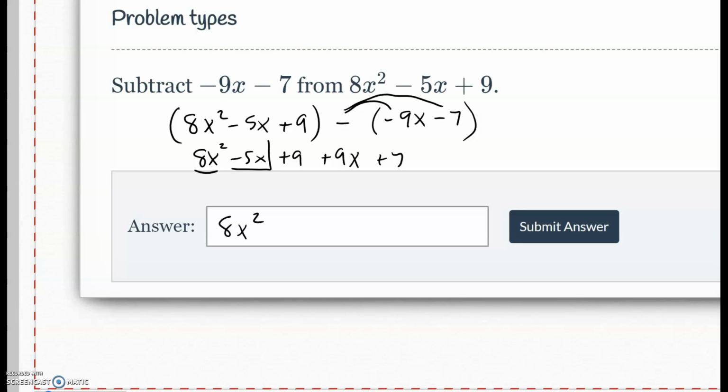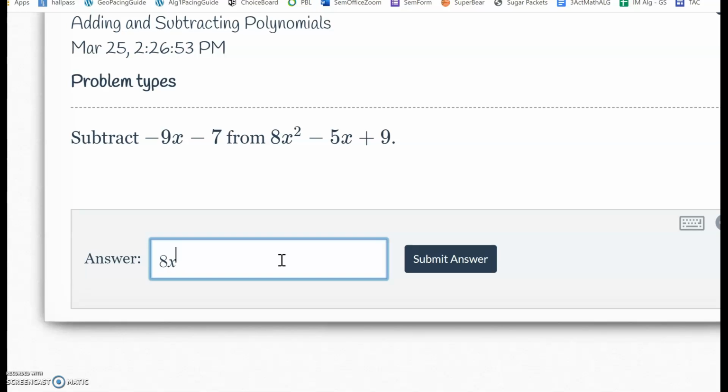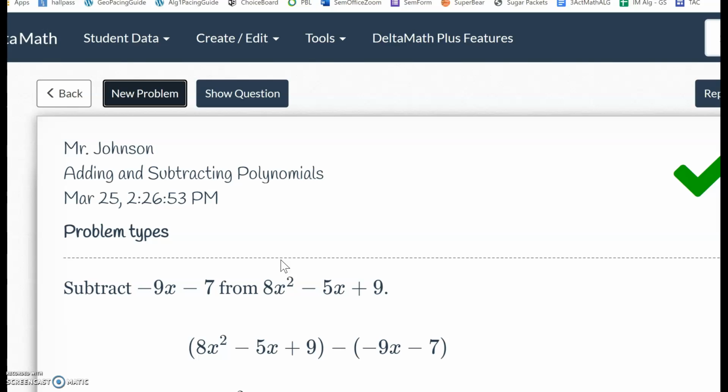Our x terms, we have negative 5x and 9x. Together that's going to make 4x. And then we have 9 and 7. That's going to make 16. All right, so that's what I'm going to type in. Let's check it and see. 8x squared plus 4x plus 16. Enter, enter.